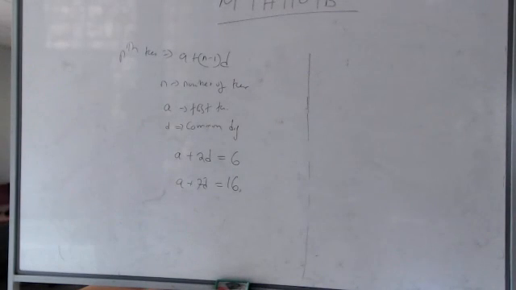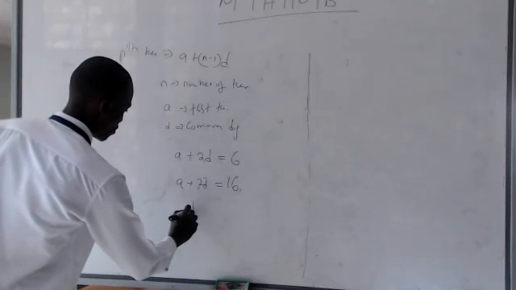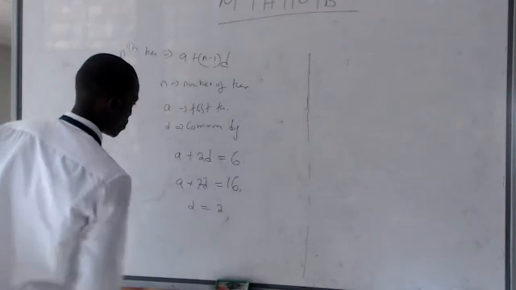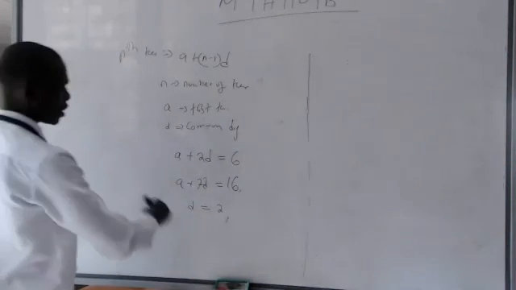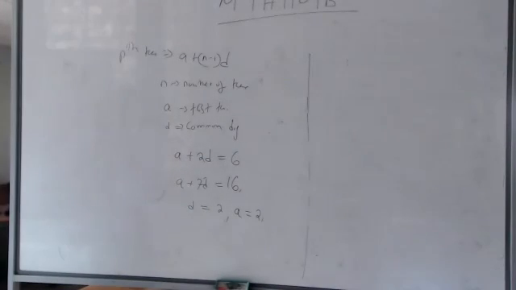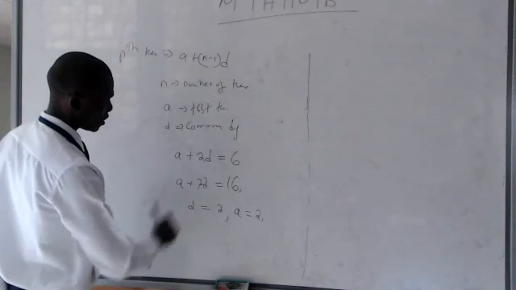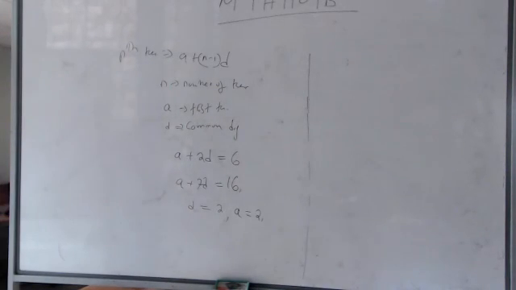Use any method of your choice. Suppose here I see 5, 10, so d is going to be 2, and a is also 2. Let me check: 2 plus 4 is 6, 2 plus 14 is 16. Good. Those are the first term and the common difference.